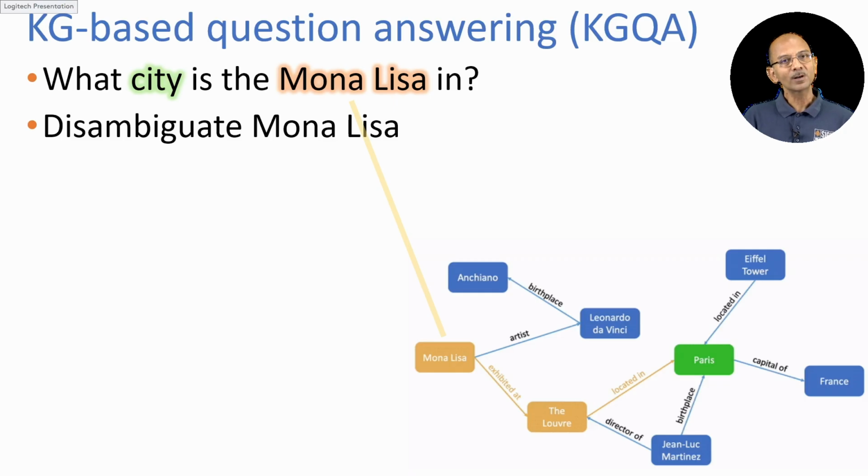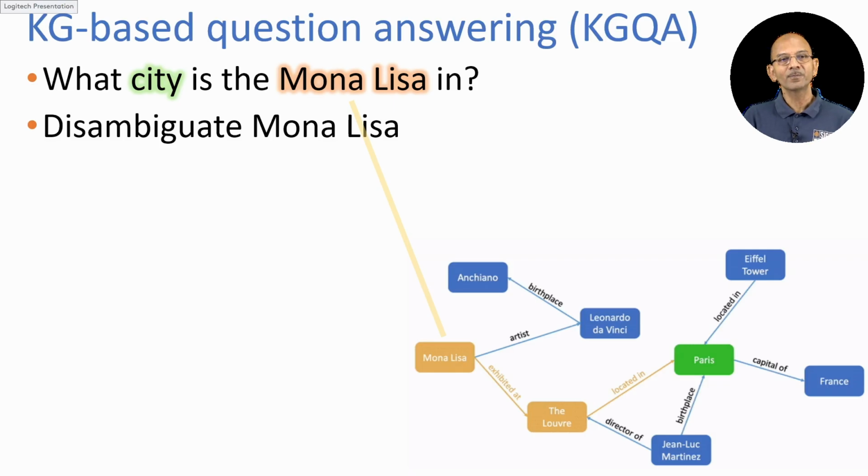And large language models are excellent at this task. They have collected world knowledge from millions and billions of utterances and sentences in a large web corpus. So it finds it very easy to understand that the dominant meaning of Mona Lisa is the portrait.